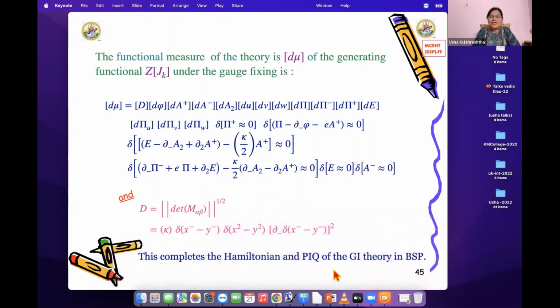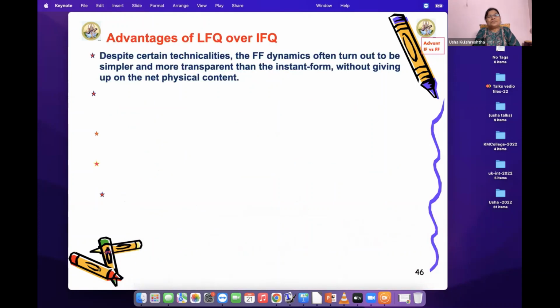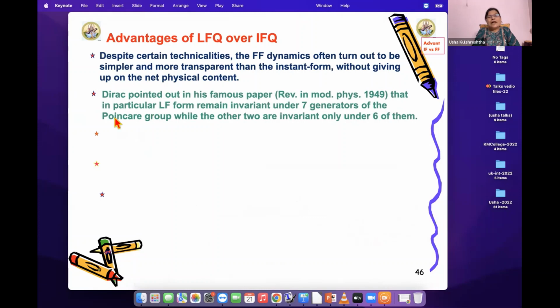So this completes the Hamiltonian and path integral quantization of the gauge invariant theory in the broken symmetry phase. Now there are certain advantages of the Light-Front quantization over the instant form quantization. For example, despite certain technicalities, the front form dynamics often turns out to be simpler and more transparent than the instant form without giving up on the net physical content. Also, Dirac pointed out in his famous paper in Reviews of Modern Physics that the Light-Front form remains invariant under 7 generators of the Poincare group, while the instant form is invariant only under 6 of them.